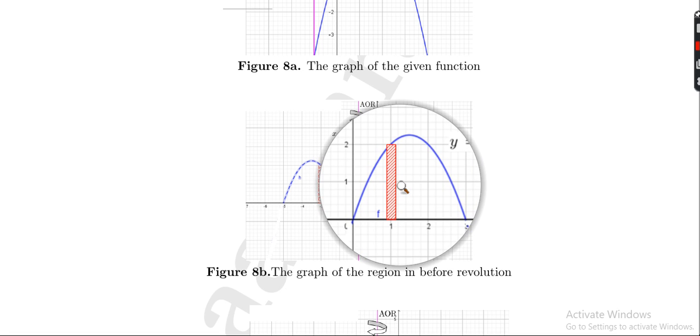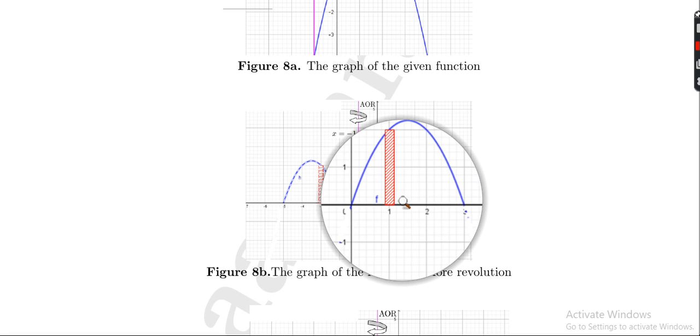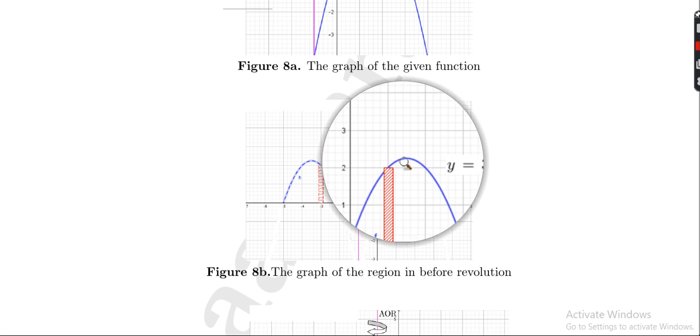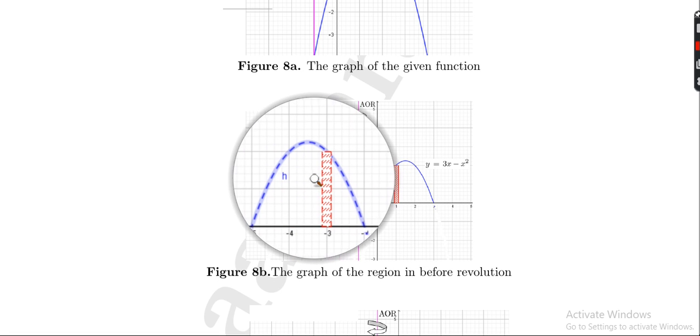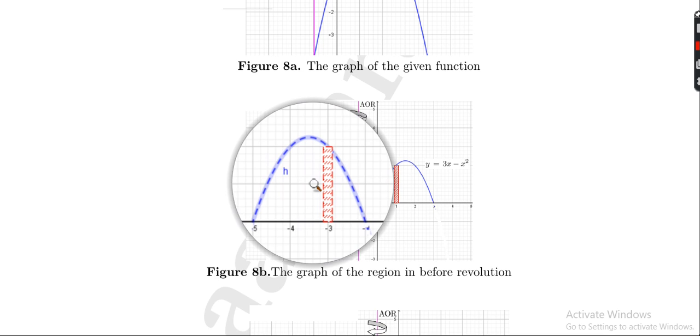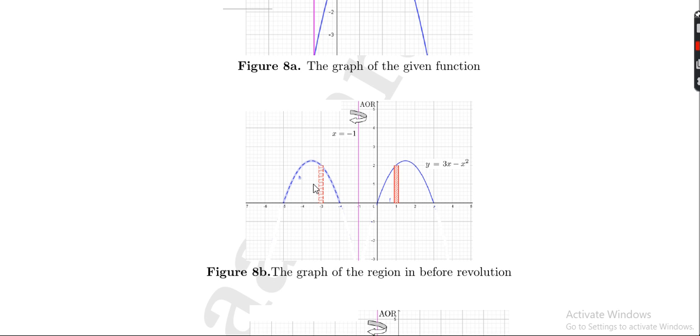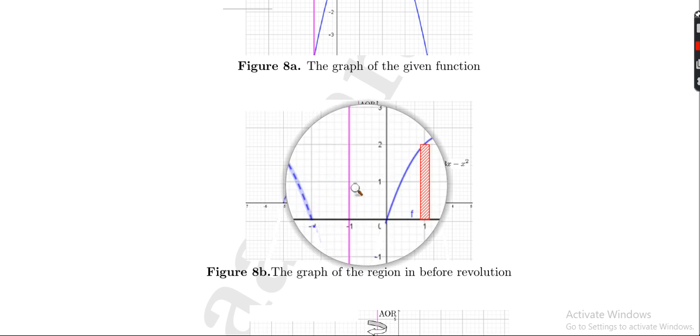Okay, it starts again at the x-axis up to the vertex of the parabola. If our region revolves about the line x equals -1, our region will have a mirror on the other side of the axis of revolution. So this part is the mirror of our region. Okay, so this is what will generate the solid.